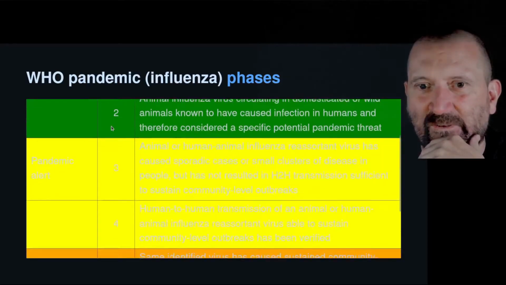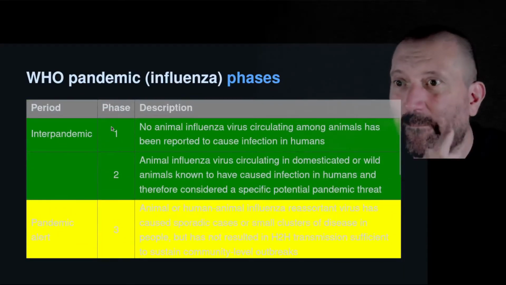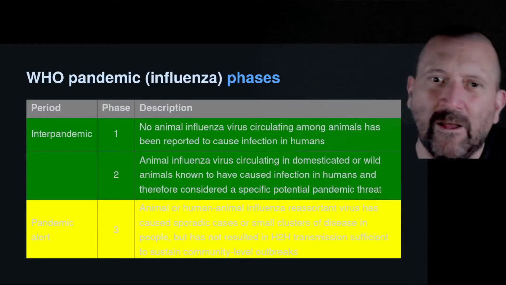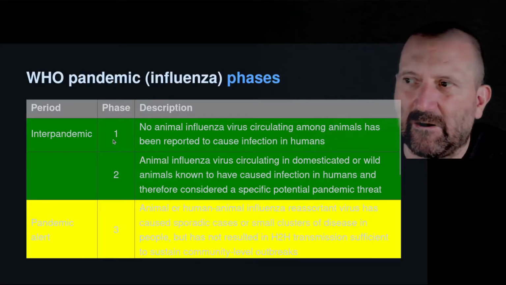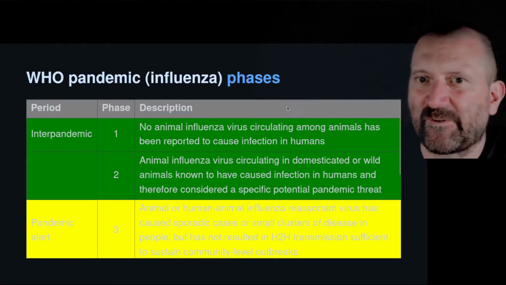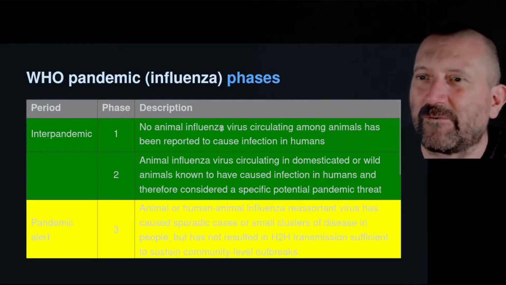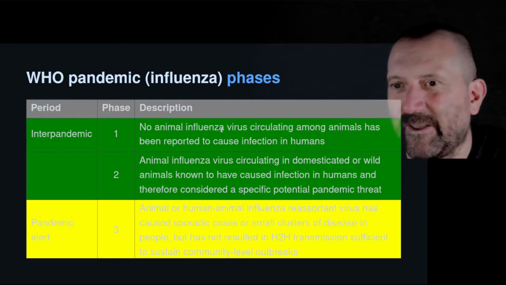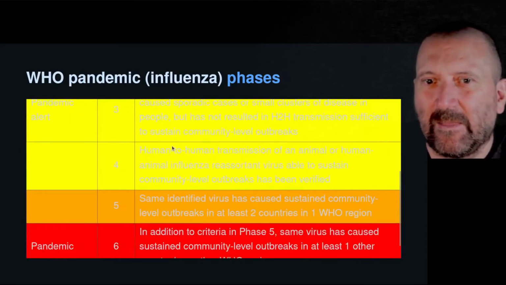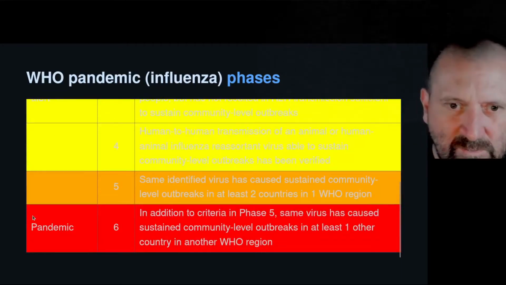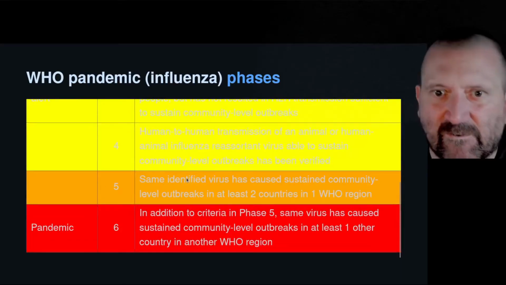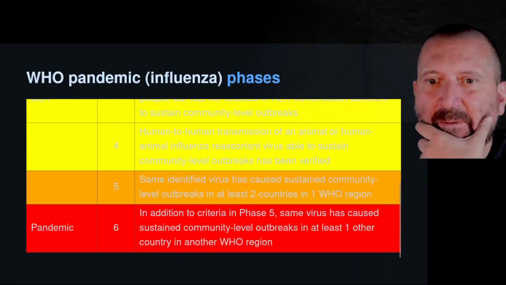And you can see that there are 6 levels to a pandemic declaration. Typically, phases 1 and 2 are the early phases. Of course, the description that I'm giving here is in terms of influenza, so there's no influenza virus circulating, etc. And then when things get more critical, this is a pandemic alert.